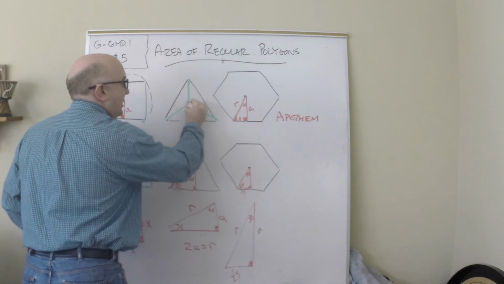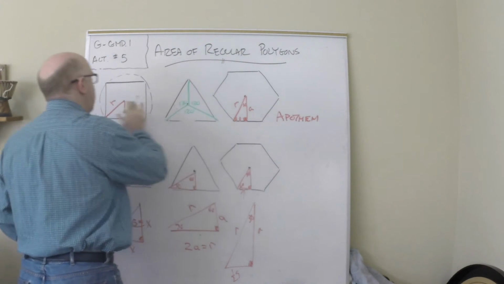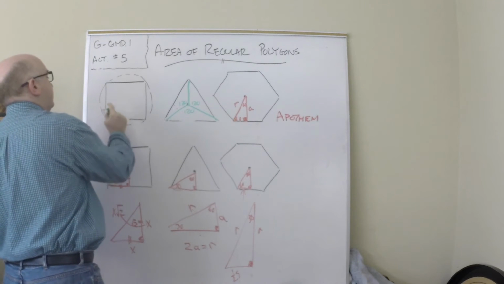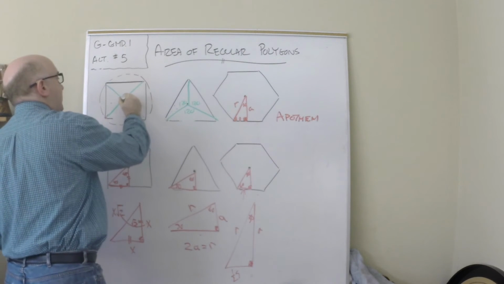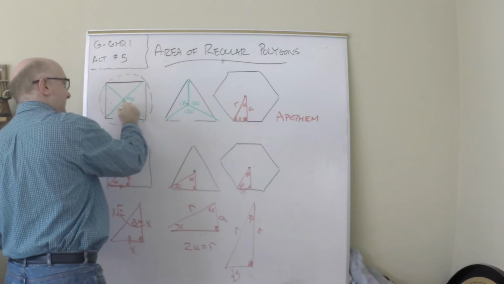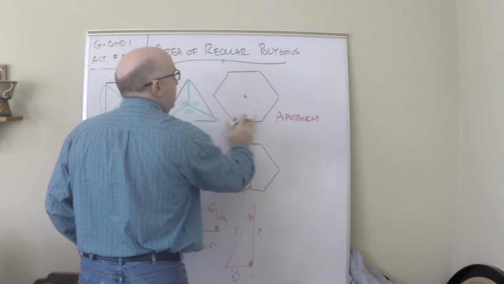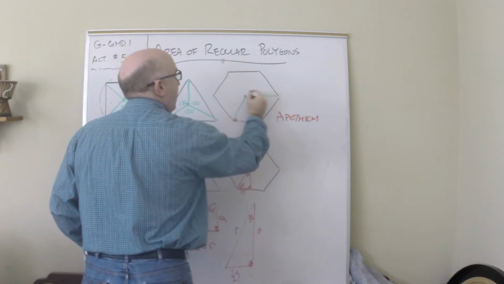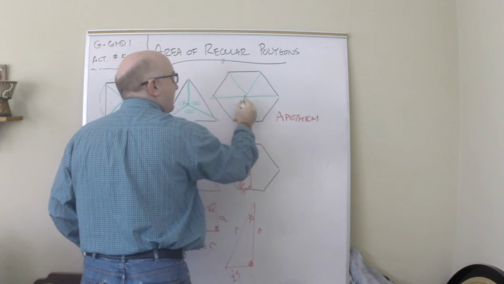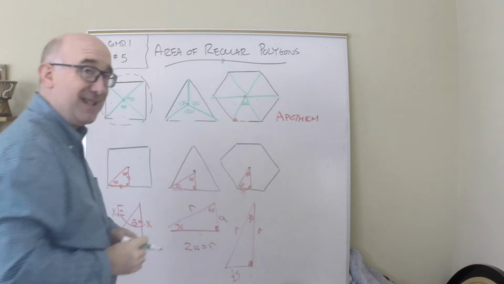So this would be 120, 120, 120. In this case, it would be 90, 90, and 90, and so on. In this case, it would be 360 divided by 6, which is 60.